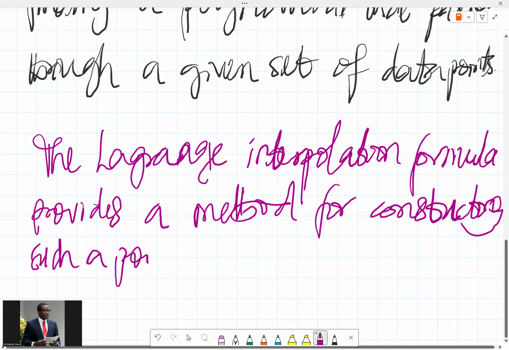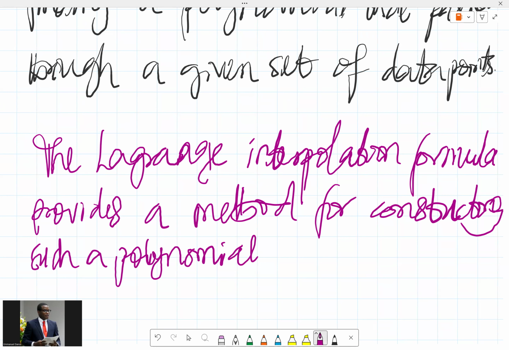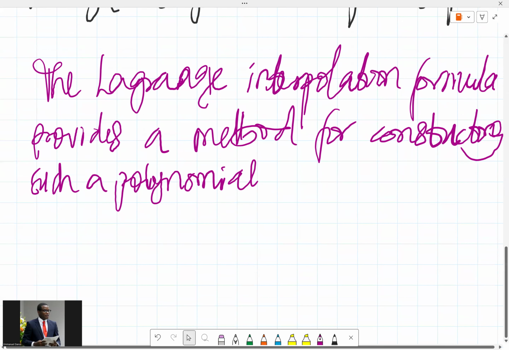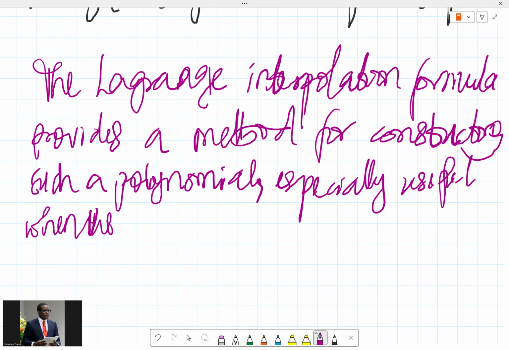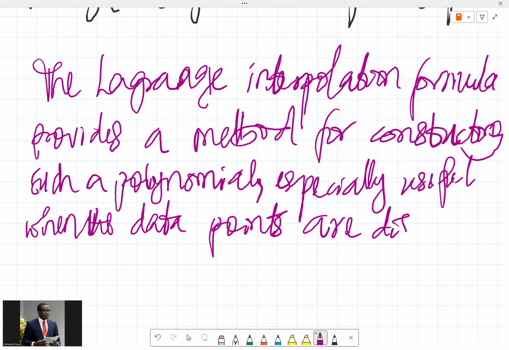So if you have some data points and you want a polynomial out of it, you can use the Lagrange interpolation formula for constructing such a polynomial. Especially useful when the data points are distinct.